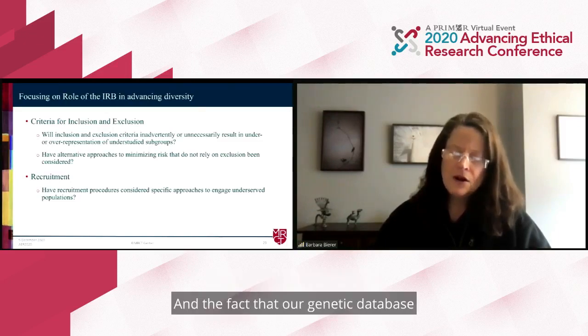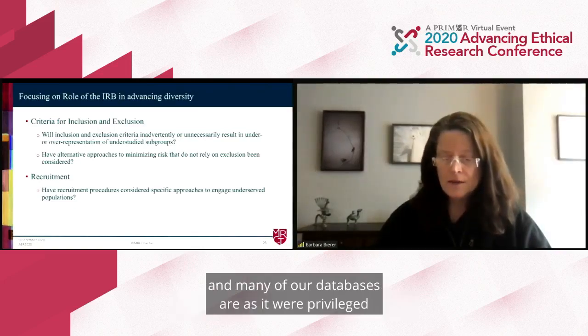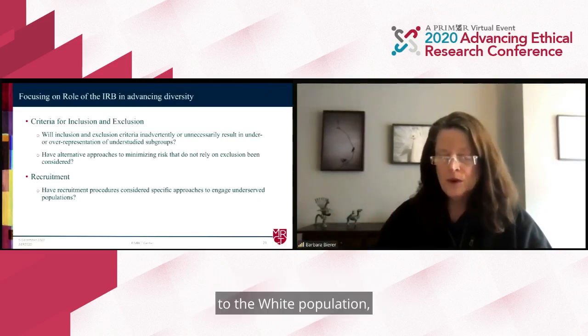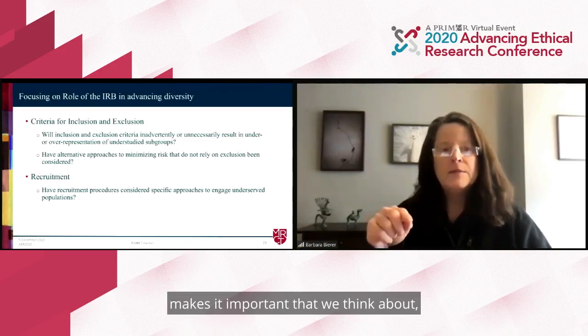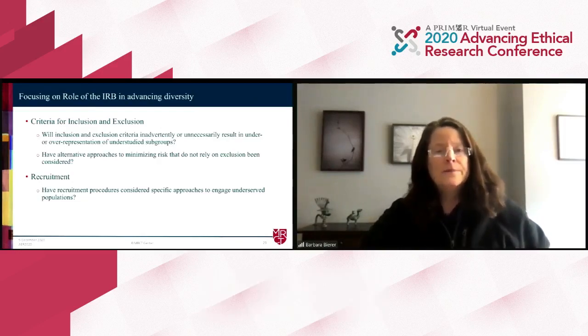And the fact that our genetic database and many of our databases are, as it were, privileged to the white population makes it important that we think about how these inclusion criteria and exclusion criteria matter.